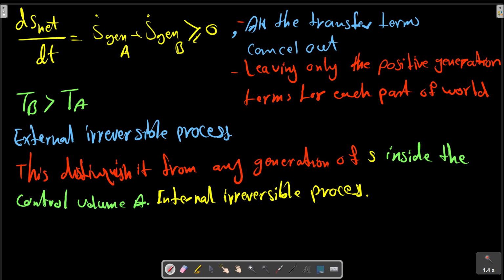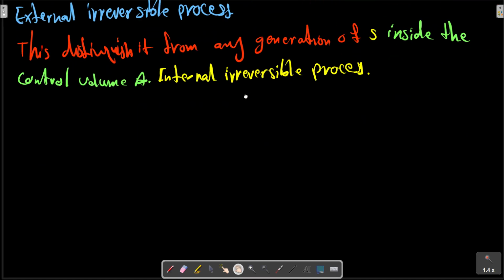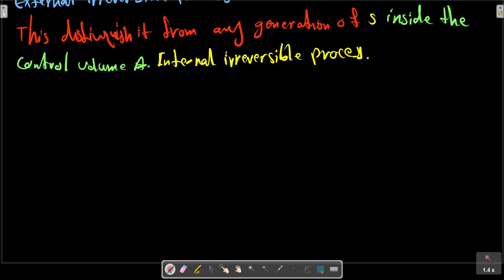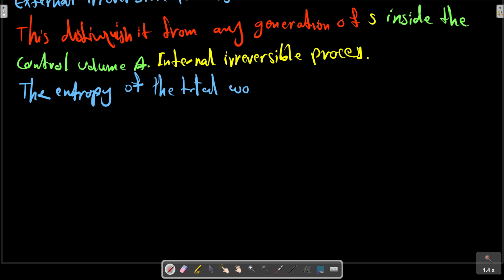The entropy of the total world must increase or stay constant.